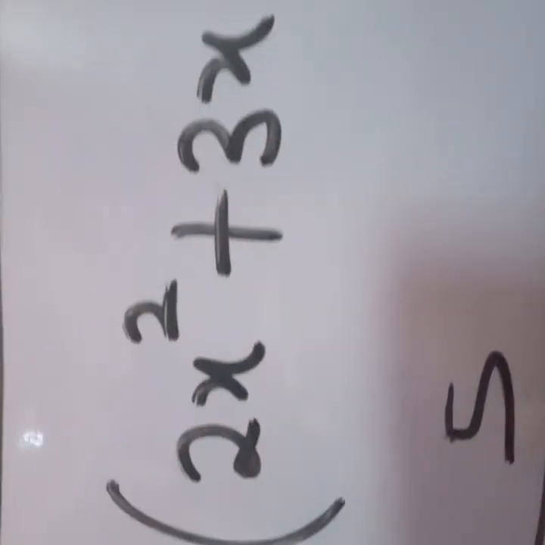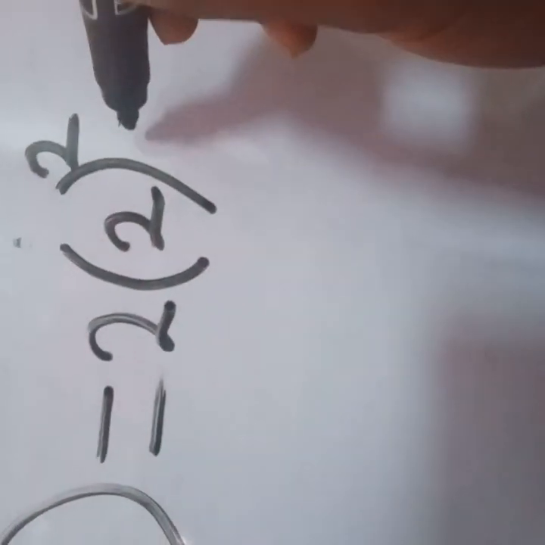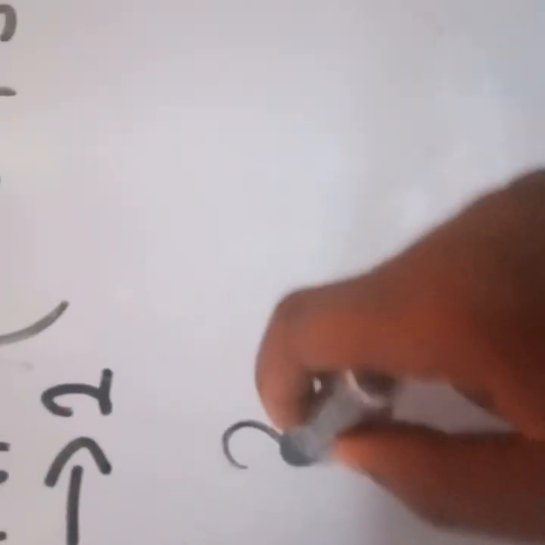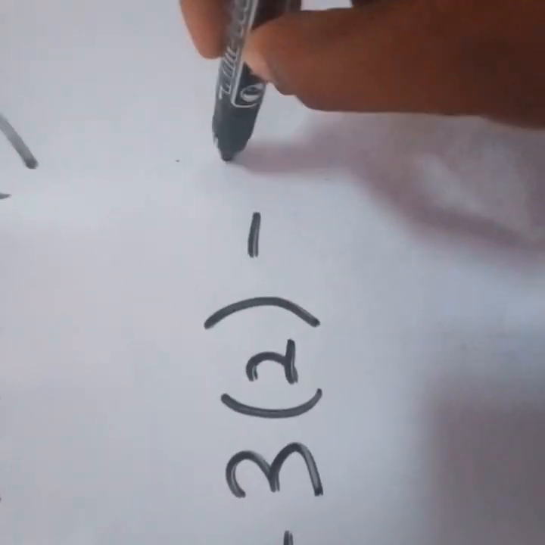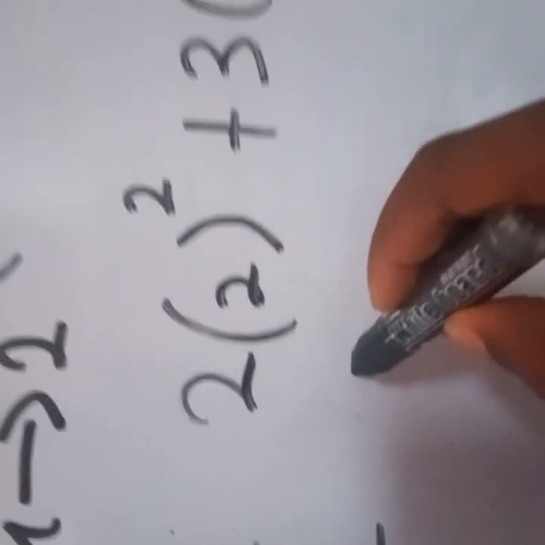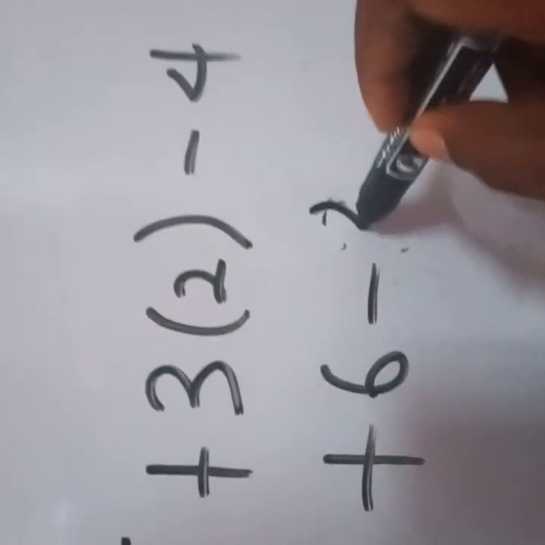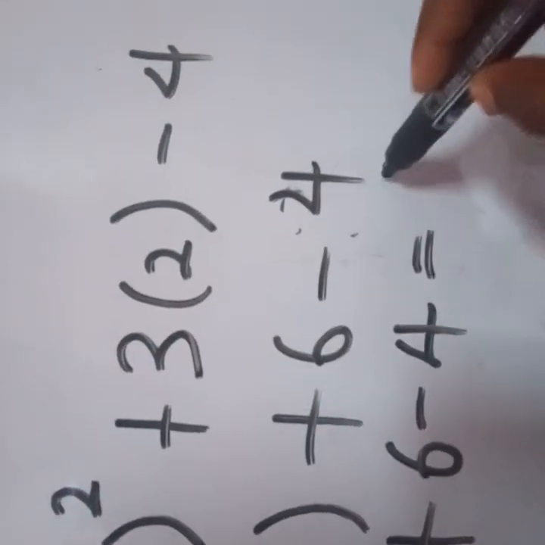So this will be 2 into 2 squared plus 3 times 2, which is equal to 2 multiplied by 4 plus 6 minus 4, which is 8 plus 6 minus 4, and this is equal to 10.